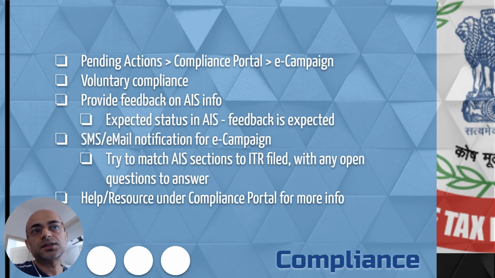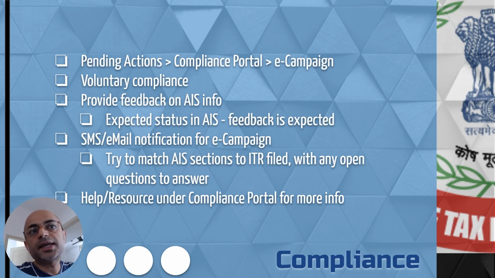You can access any e-campaign from the ITD portal through Pending Actions, Compliance Portal and e-Campaign. This was started for voluntary compliance for the assessee. So through the e-campaign, you will provide feedback on AIS info. Expected status in AIS means feedback is expected.